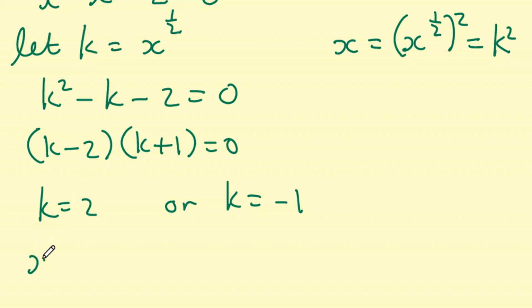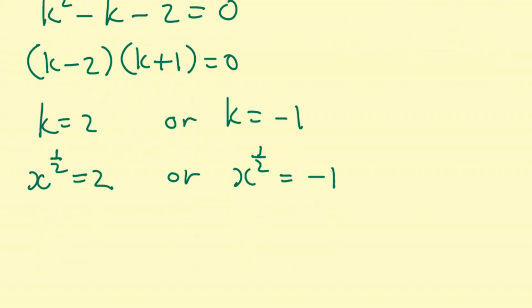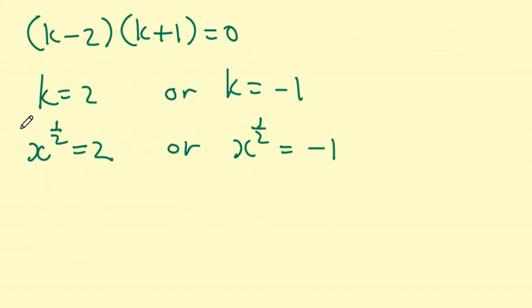So that means x to the half equals 2 or x to the half equals -1. We want to solve for x here so we can raise both sides to the power of 2. So we're squaring both sides. The 2's will cancel here on the left hand side and we have x equals 2 squared, which is 4.